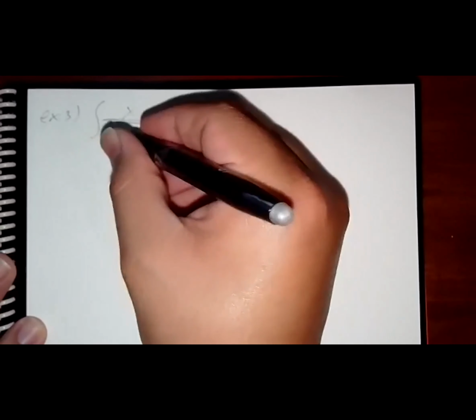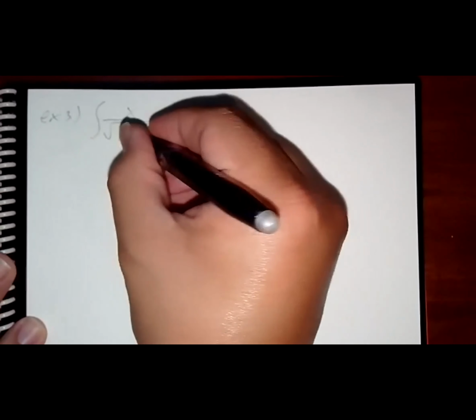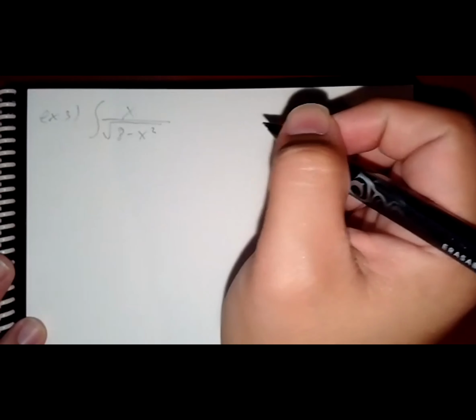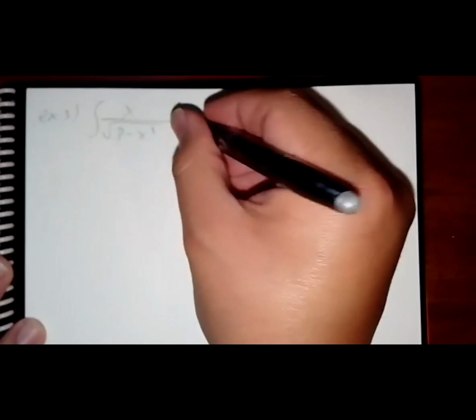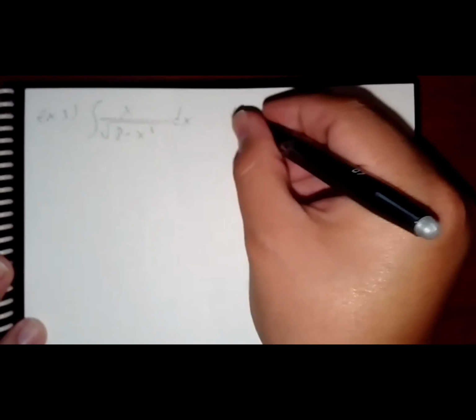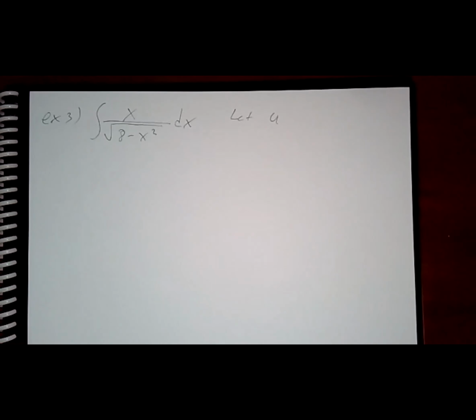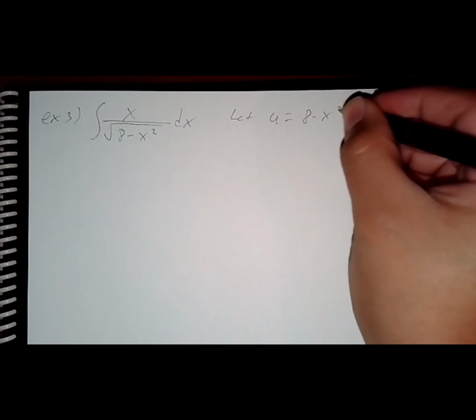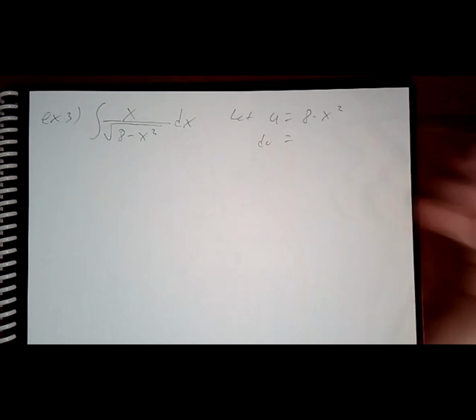The integral of x over the square root of 8 minus x squared. So what should u be? 8 minus x squared. So now what is du?